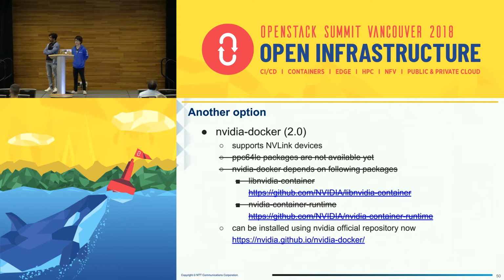Next, NVIDIA Docker. NVIDIA Docker is a runtime that can manage NVIDIA devices and the NVIDIA drivers with Docker. Recently, an official package for the Power architecture became available. You can install it using apt-get install.